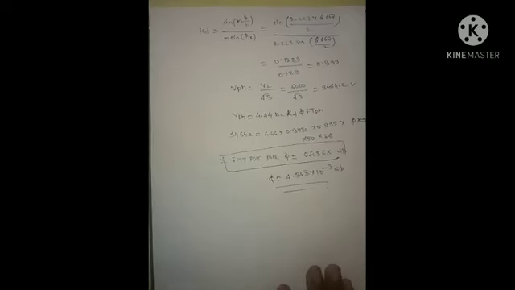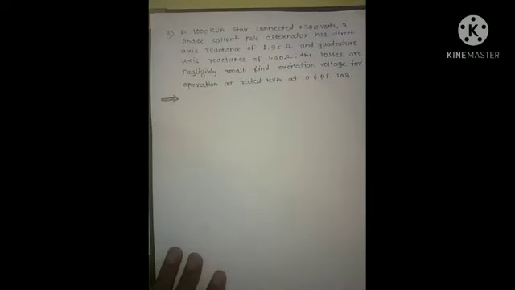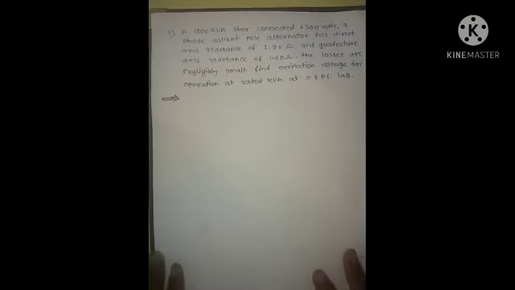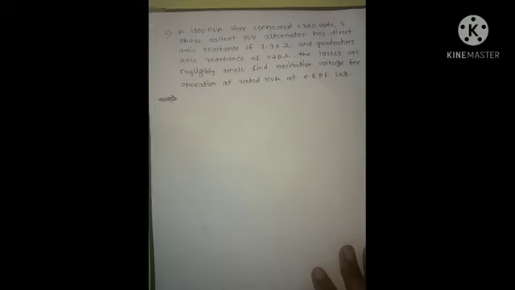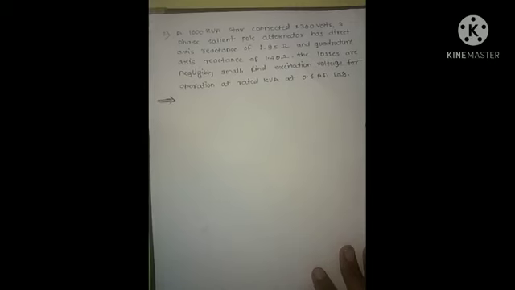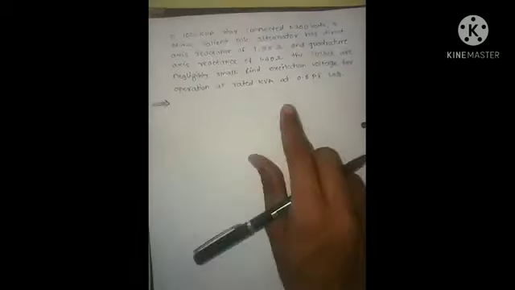So now let's start the second numerical. A 100 kVA star connected 2300 volt 3-phase salient pole alternator has direct axis reactance of 1.95 ohm and quadrature axis reactance of 1.40 ohm.